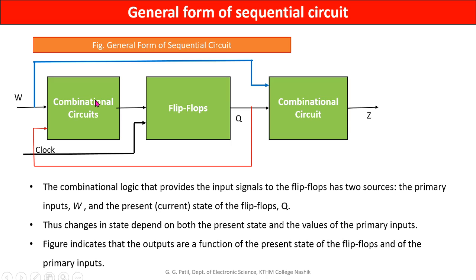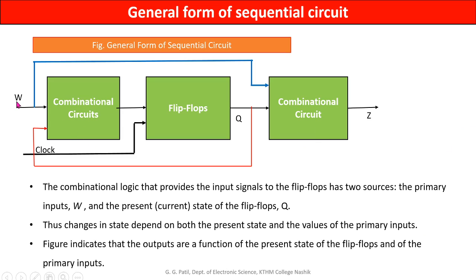The first is the combinational block. The second is flip-flops or memory, and the third is again a combinational circuit, which is the output logic circuit. So such three blocks are there.